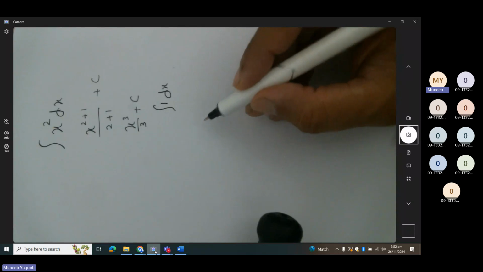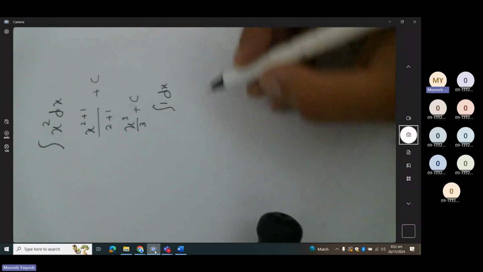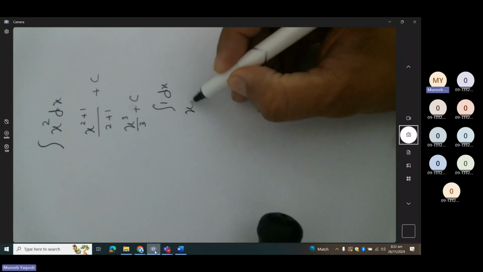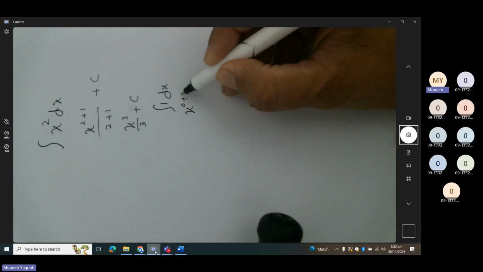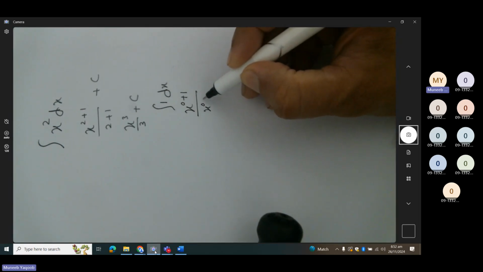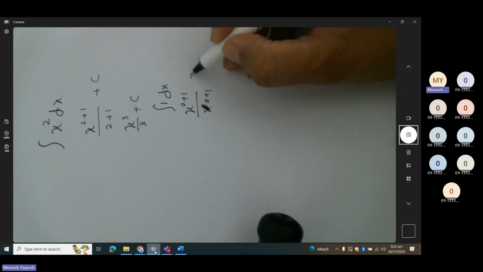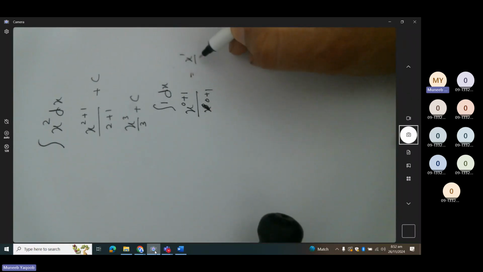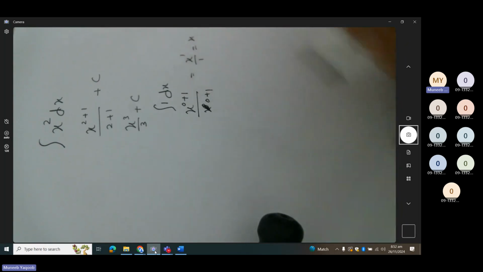Now 1 can be taken as x power 0. So it is written as x power 0 plus 1 upon 0 plus 1. Then it will become x power 1 upon 1, that is x.